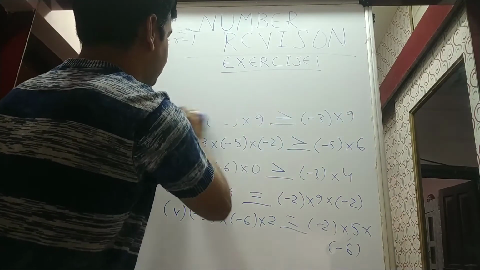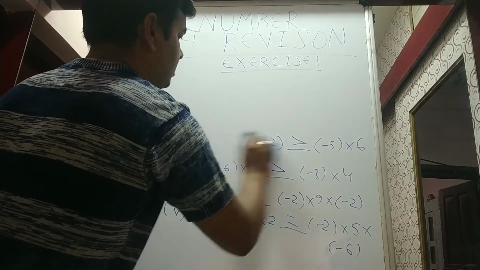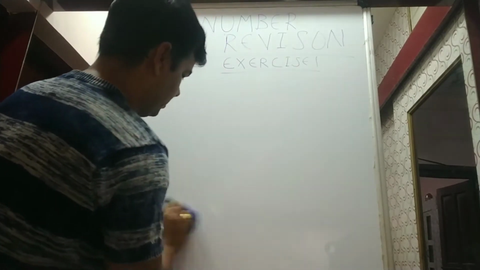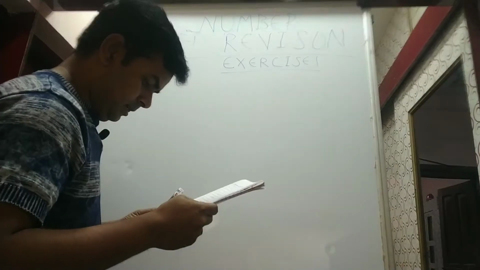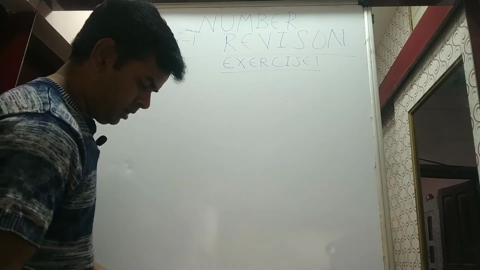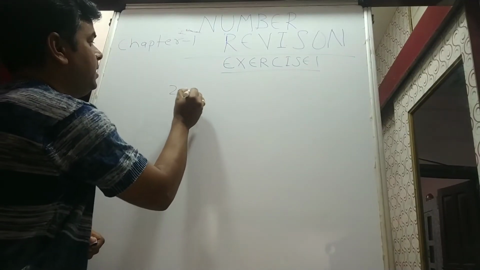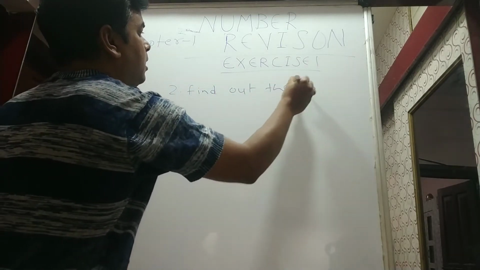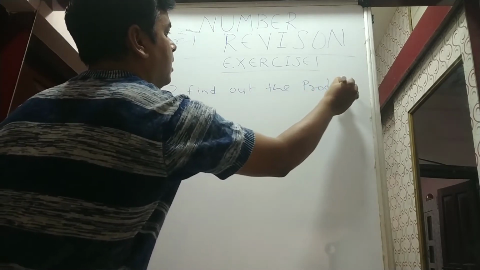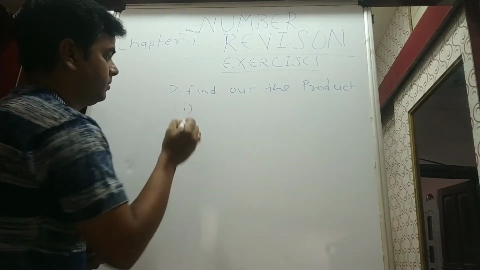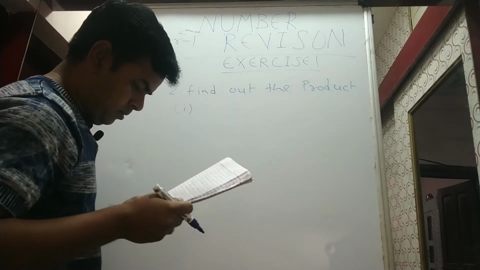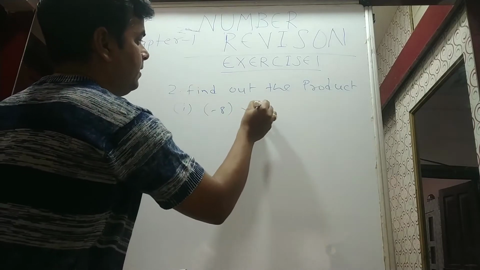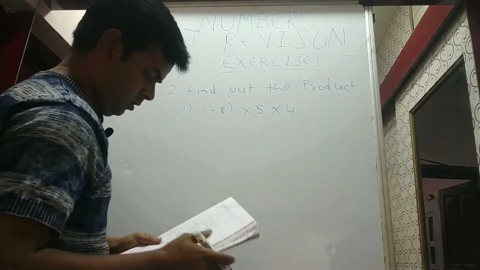Next question. In the next question, let us understand what is asked. It says find out the product. Product means multiplication. First one is minus 8 into 5 into 4.